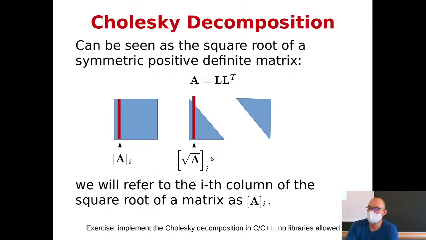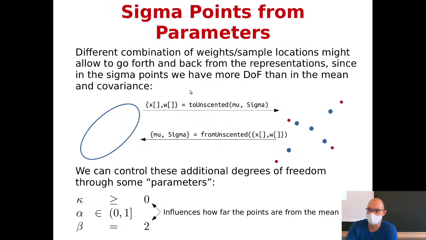All right, now I talked to you about the Cholesky decomposition of a matrix, and you already guessed that I will have to compute somehow the Cholesky decomposition of a symmetric positive matrix, which will be the covariance matrix, because otherwise I wouldn't have talked about the Cholesky decomposition, at least not at this stage of the course.